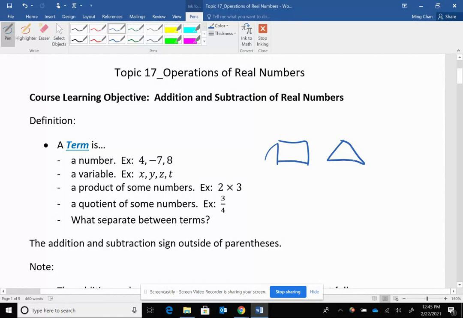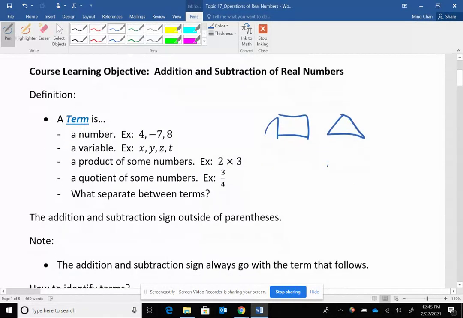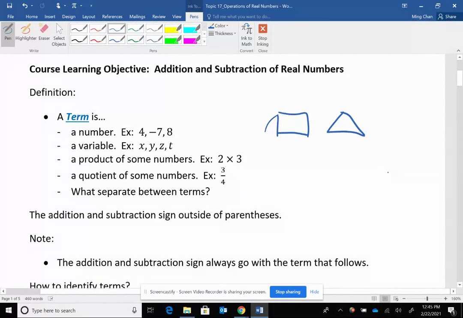In this video I will explain what a term is, what an object is, how you distinguish between two objects, and how you can add and subtract them. A term refers to a number.